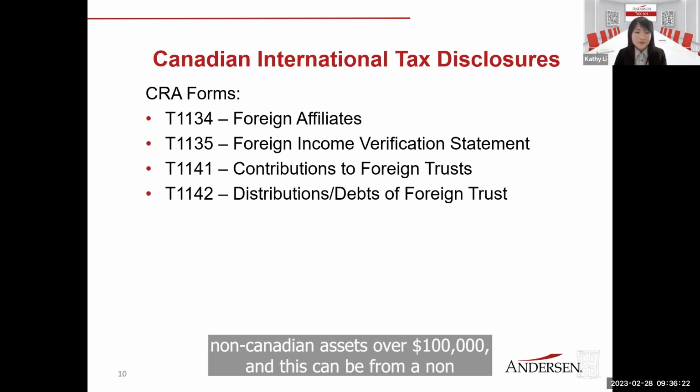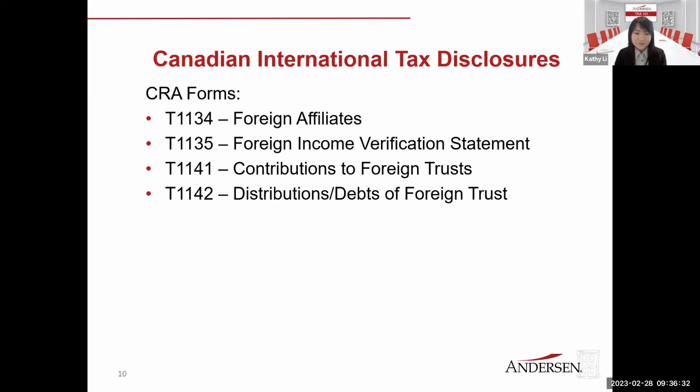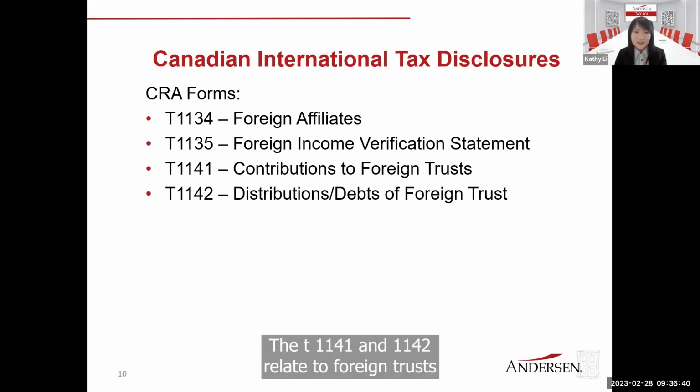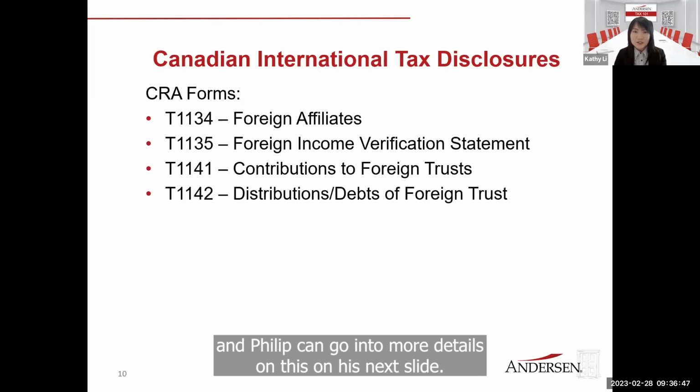And this can be from a non-Canadian bank, certain real property, and even non-Canadian investments held within a Canadian brokerage would also count. The penalty for a failure to file this form is also $2,500, and this one is due with the tax return. The T1141 and T1142 relate to foreign trusts, and Philip can go into more details on this on his next slide.